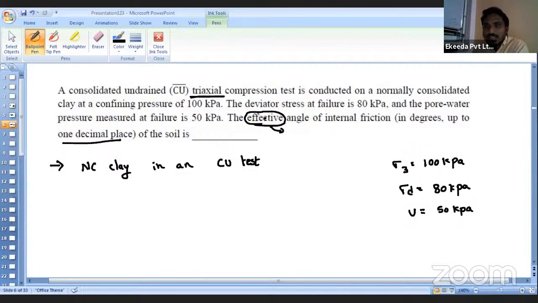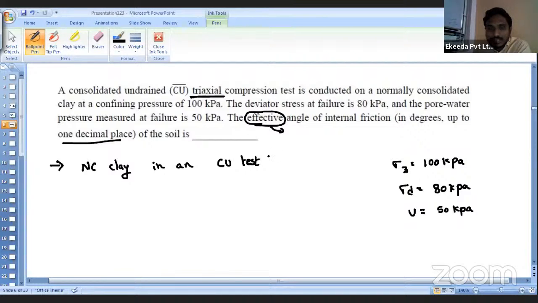While conducting the test, there are two parameters: either it is in the undrained condition or the drained condition. That means either we are using the total stress parameters or the effective stress parameters. If we are using the effective stress parameters, then we have to use the effective parameters of the soil, that is, effective cohesion and effective angle of internal friction.